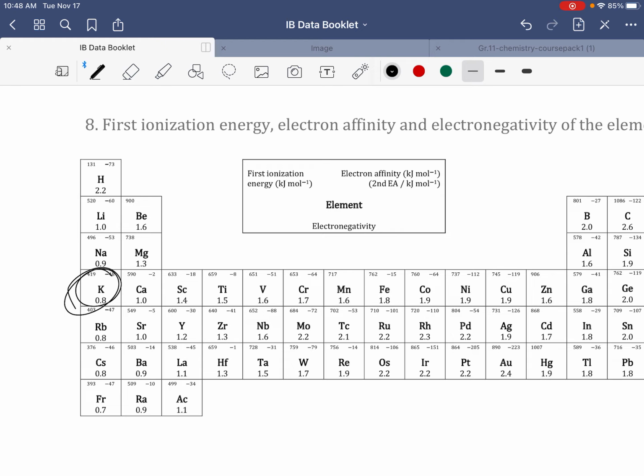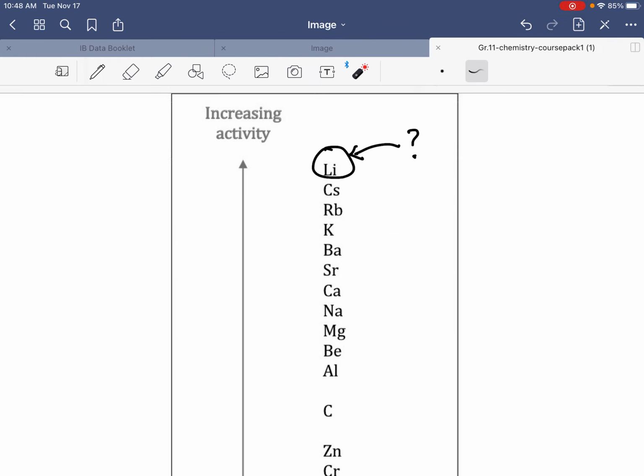Well, not the highest, but out of these three, lithium is the highest electronegativity. We just said the lower you are as a metal, the more reactive. It seems like lithium is the most reactive.